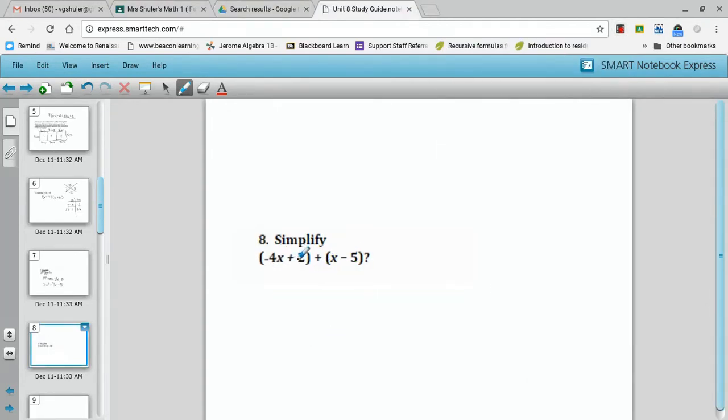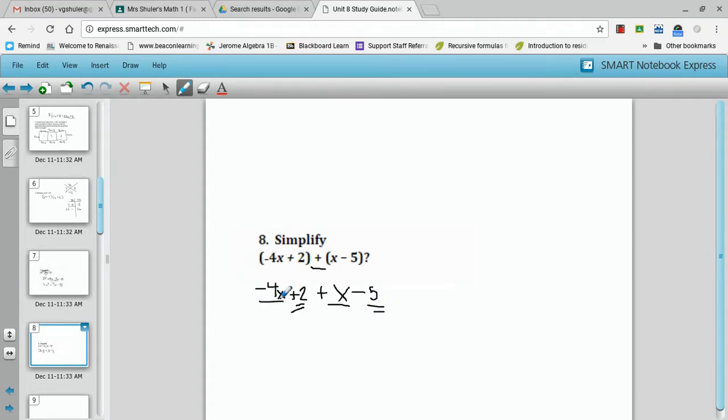Great. Simplify. Well, there's a plus sign between these. So all I'm going to do is a plus x and a minus 5. Let's combine like terms. We have a negative 4x here, combined with my x over here, and we have a plus 2, which we're going to combine with the like term of negative 5.